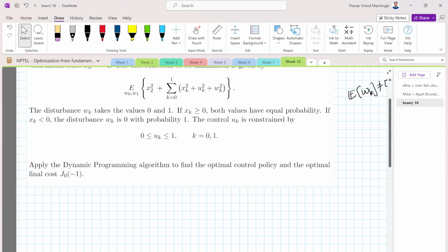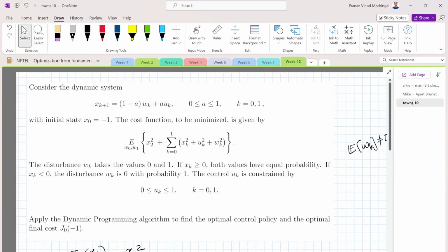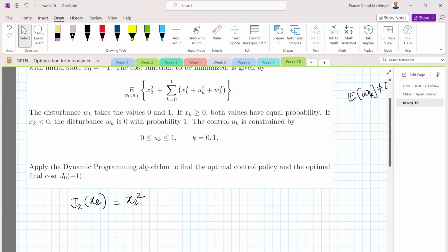So if we look at this, we can see that the cost-to-go, that is J2(x2), is of this form, x2 square, because there are only 2 time periods, so we can consider this.